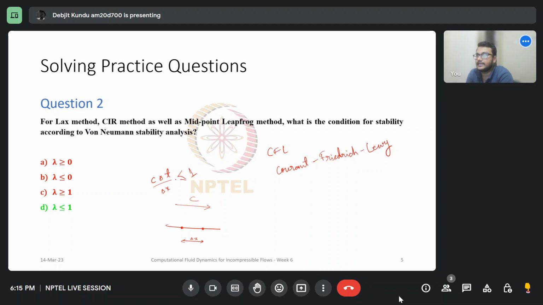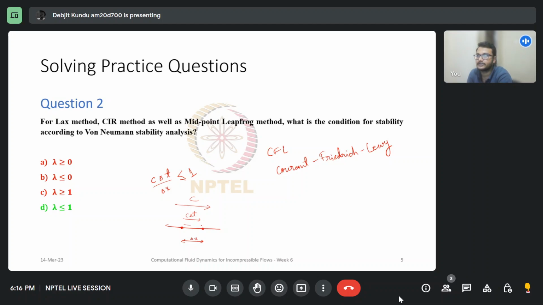So in time delta t, if there is any fluid particle at this point, in delta t it would cover a distance of c into delta t. So this distance covered by that fluid particle, if it is less than this delta x, then it is actually captured. So in going from this point to this point, this movement is resolved.